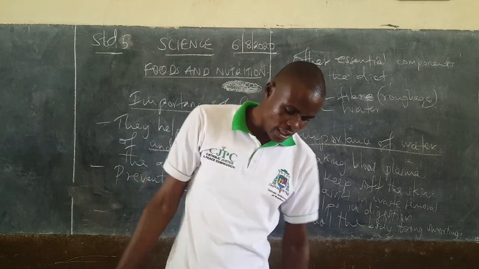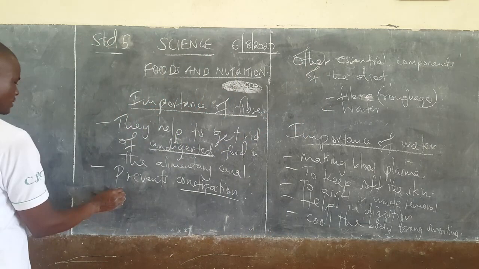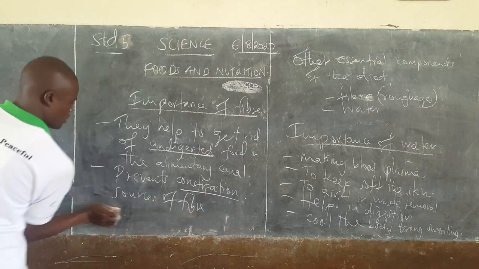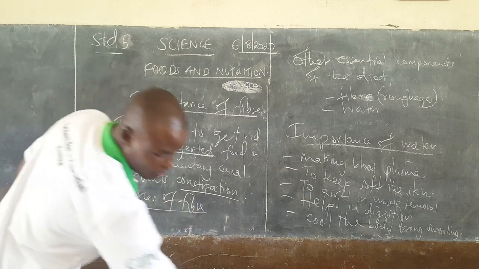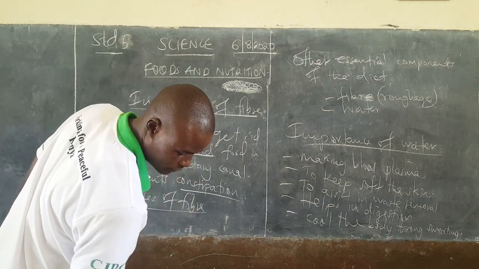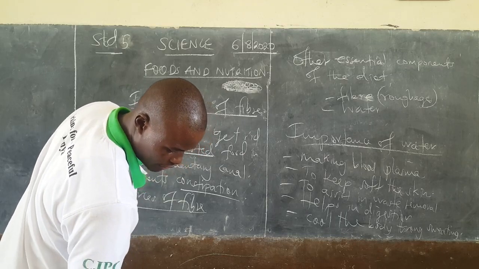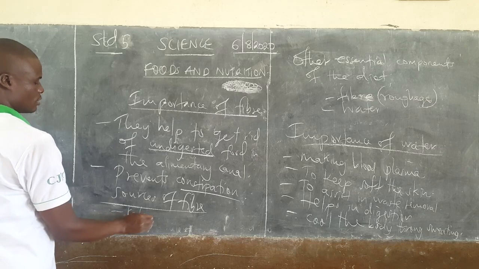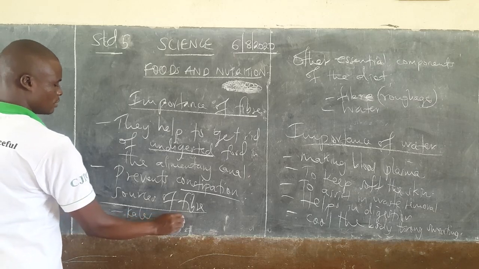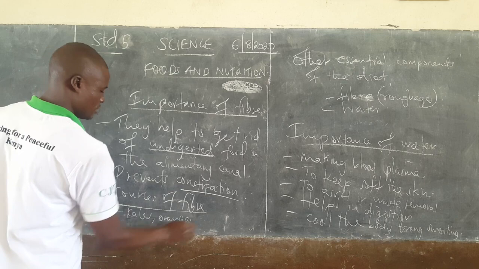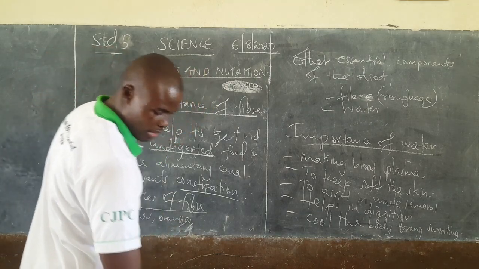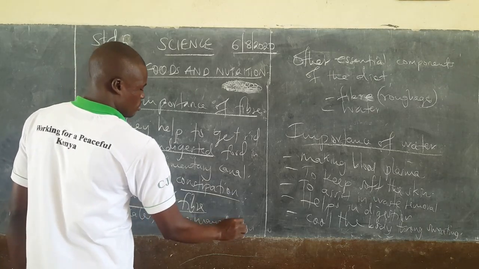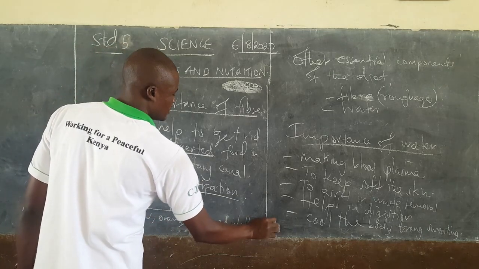Then sources of fiber include kales, oranges, mango, and whole grains.